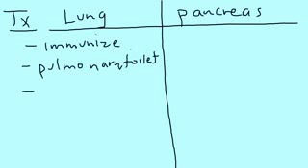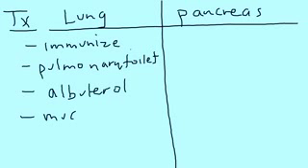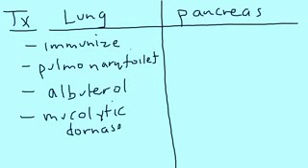The next thing you give is a bronchodilator known as albuterol, and this is to open up those airways that are clogged with these thick secretions. The next thing you give is a mucolytic. A mucolytic, by definition, is something that breaks up the mucus, and the famous one that they always talk about is Dornase alfa.